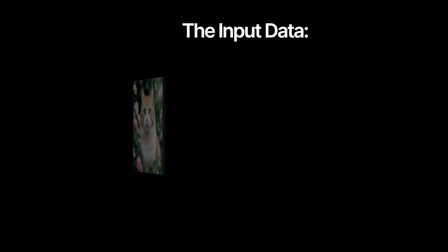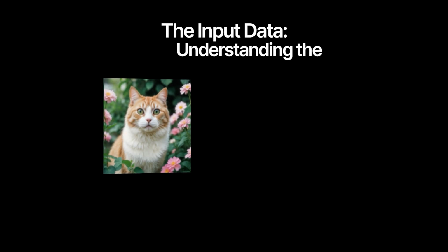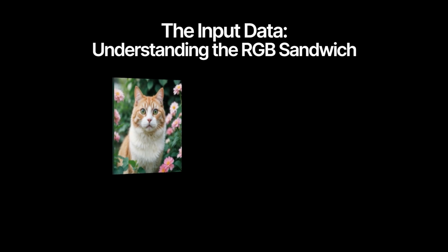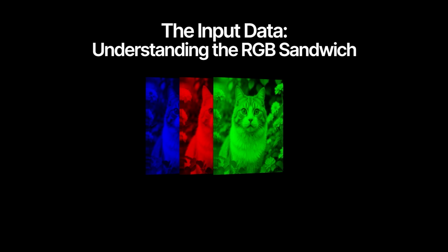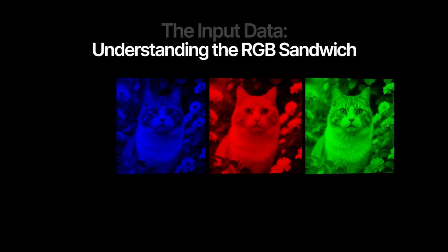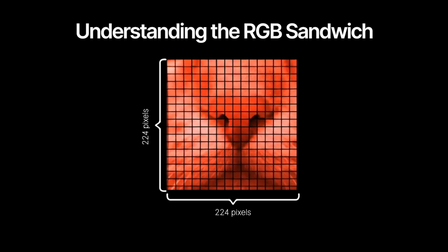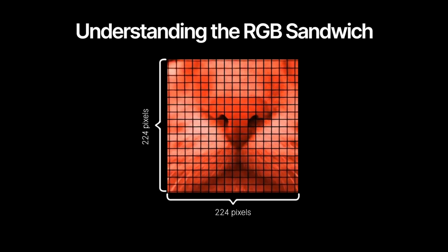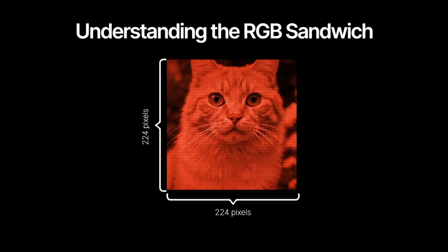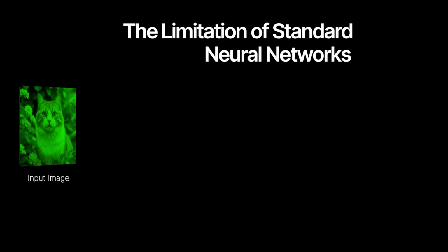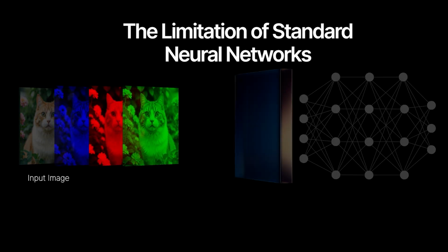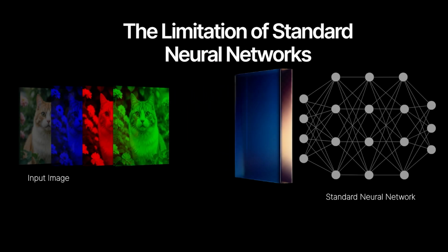Think of a standard digital photo. It's a sandwich of 3 color layers: red, green, and blue, RGB. Each layer is a group of pixels. If you take a standard 224 times 224 pixel image, and you flatten it into a long list of numbers to feed a regular neural network, you're going to hit 2 massive walls.